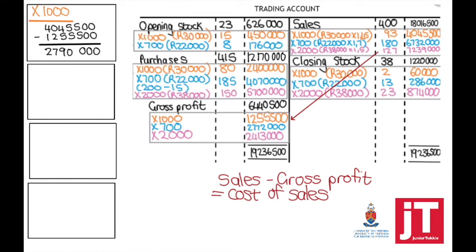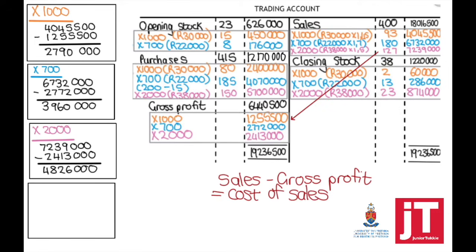So if I look at each one specifically, sales minus the gross profit equals cost of sales, X700. Again, sales minus gross profit equals cost of sales. For the X2000, sales minus gross profit equals cost of sales.